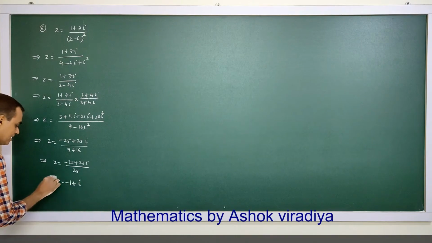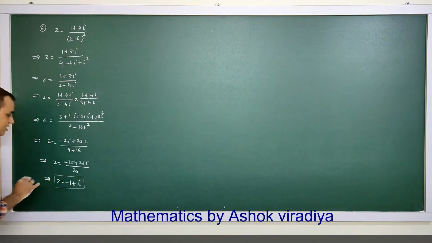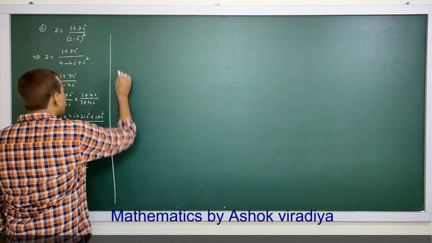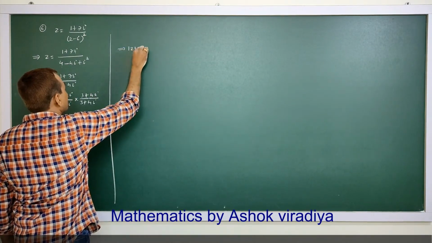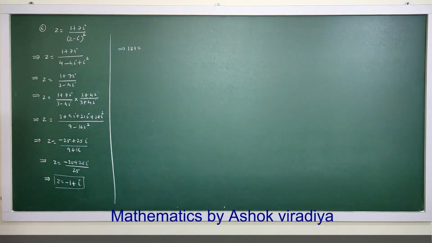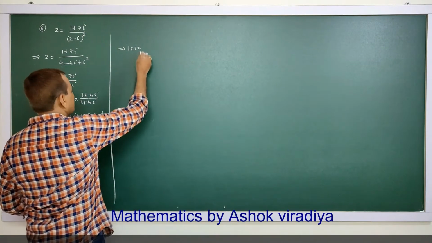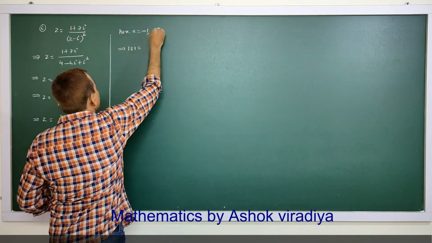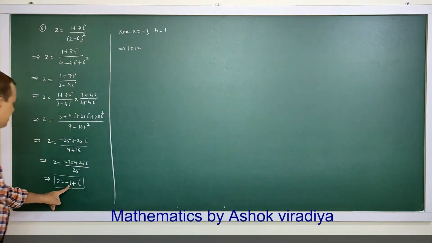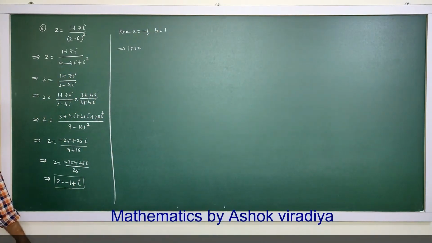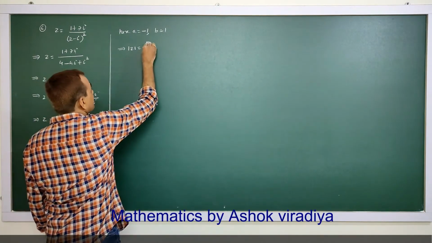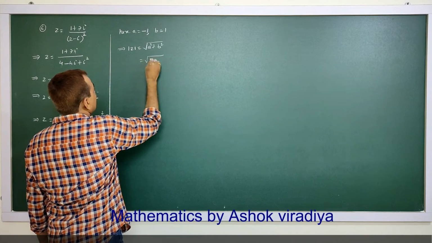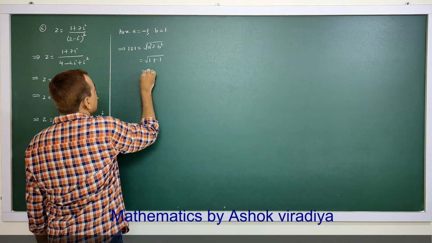So this is the simple form of z, the standard form. So its modulus is, therefore modulus of z is square root of, here a is minus 1, b is 1. So modulus z is root a square plus b square, root 1 plus 1, that is root 2.